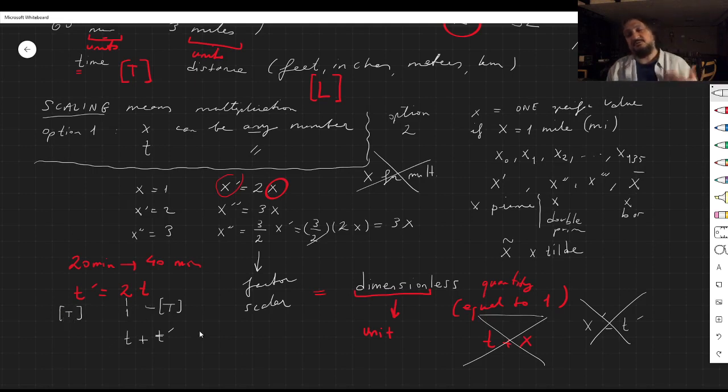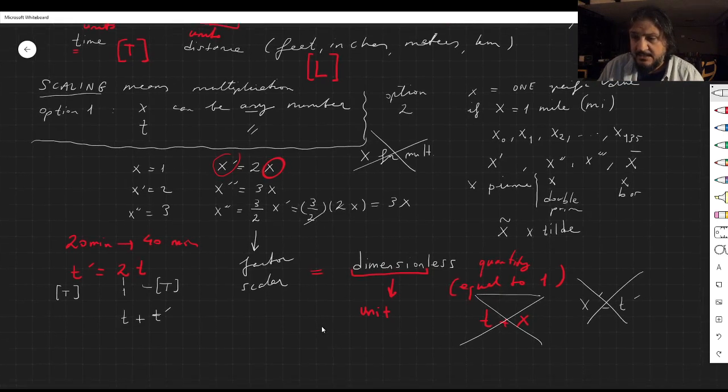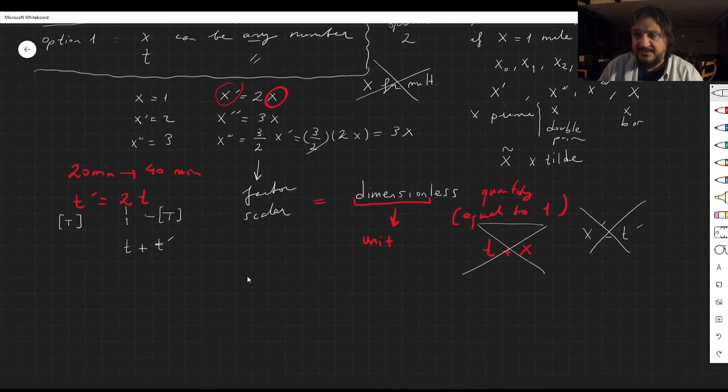So in order to treat these scalars in a way that you can apply algebraic rules, you say its dimension is equal to 1 because it's dimensionless. All right. So this scaling involves this factor, which we call scalar.